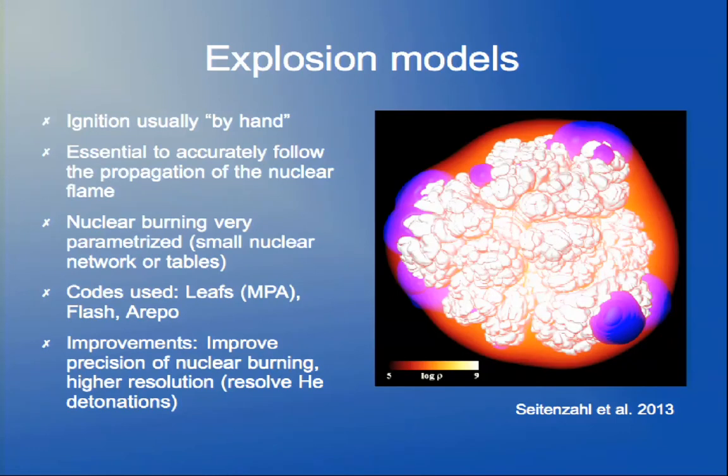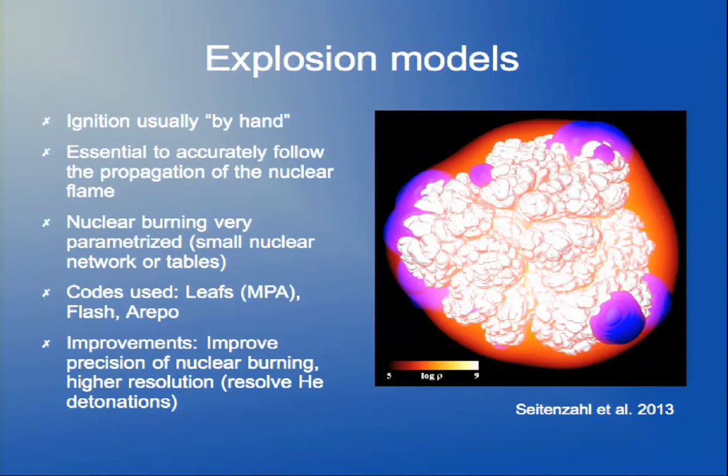So we either have a small nuclear network and try to tune it to get the energy generation as correct as we can, or we have some tabulated values for the energy generation in the first place. Mostly, for this code, it's tabulated, and we use a level set approach to track the propagation of the flame. But this has been done differently in other codes, so you could also use Flash or Repo for this type of explosion simulation.